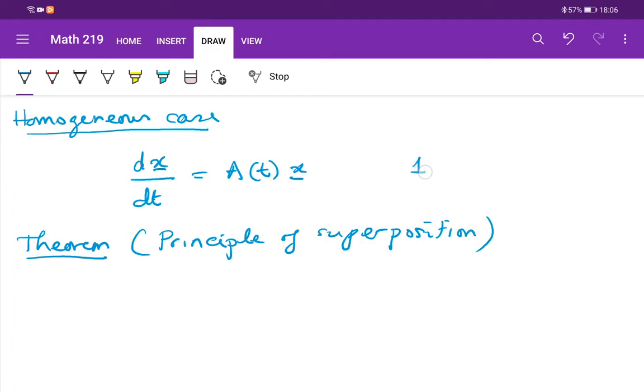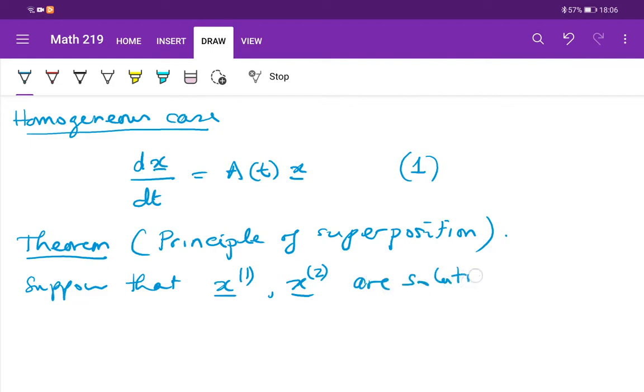So let's refer back to this equation, we'll give it a number. Suppose that x1 and x2 are solutions of equation 1.